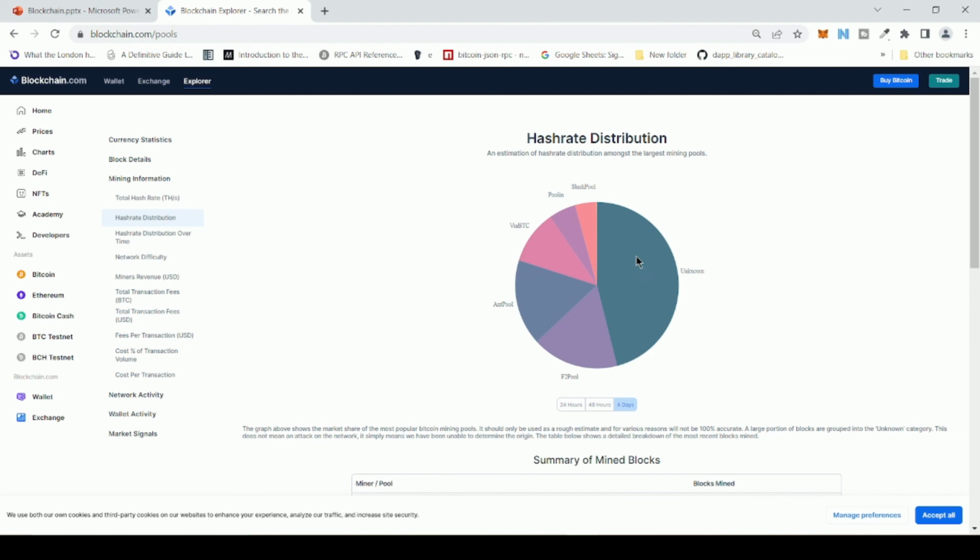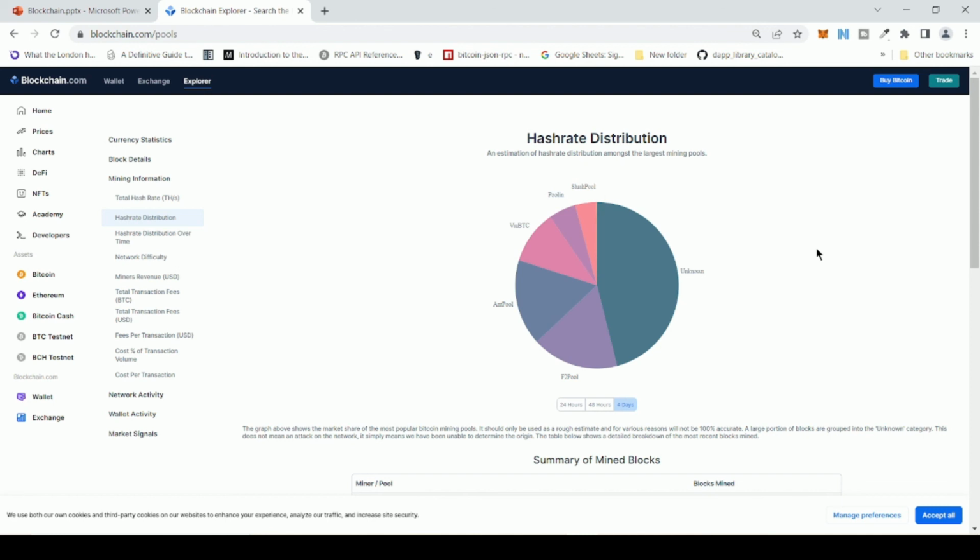Now you must be thinking that if this Unknown is the most powerful one, why not join this Unknown mining pool, so that you will have higher chances of winning? But you also have to think that since this is a big mining pool, the distribution of reward will be done accordingly, right? So if you also won a reward, that reward will be divided among all the miners who are part of this big mining pool.